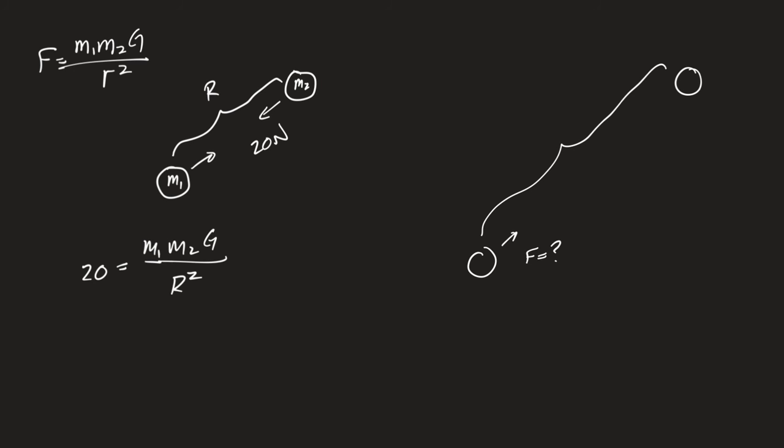Step two, put in the new values as given. That's going to be m1, it didn't change, m2, it didn't change, g, it didn't change, r was doubled.